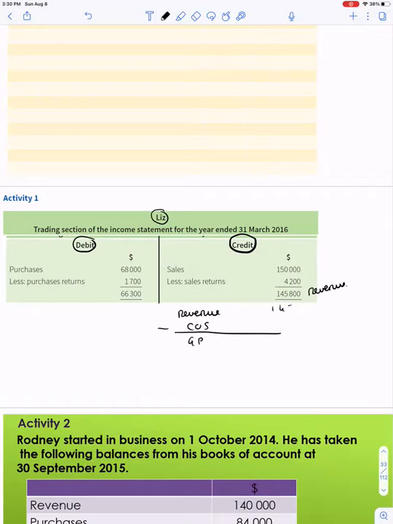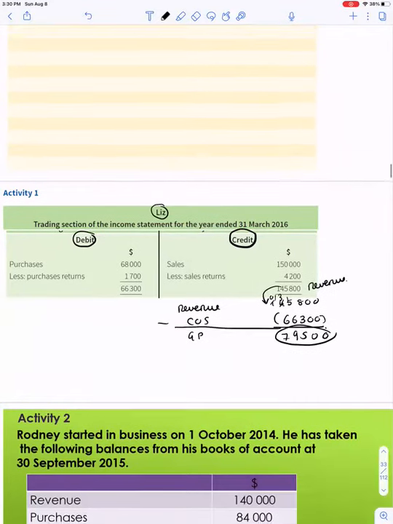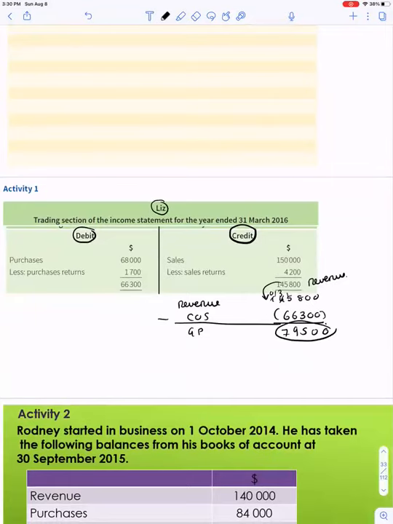Your revenue is 1,45,800, which you get from here. Cost of sales is 66,300. So your gross profit is revenue less cost of sales. So it comes up to 79,500, which is your gross profit.